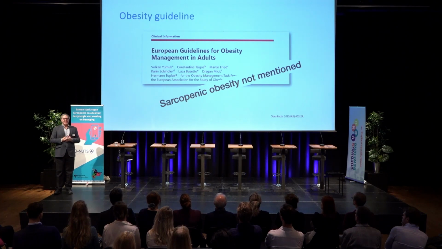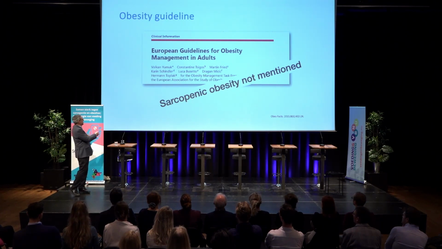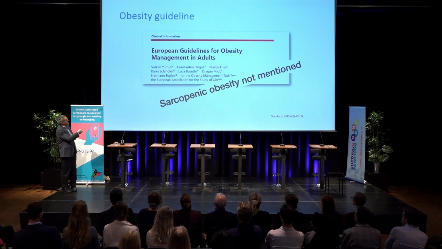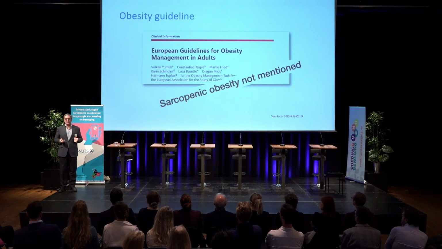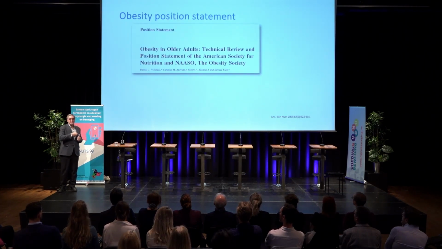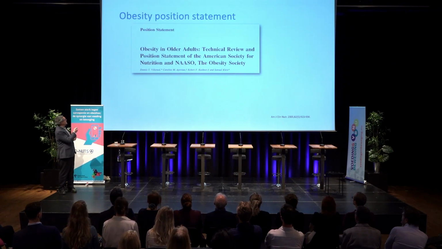So you go to obesity guidelines and say, let's see if the people working in obesity tell me what to do. Well, in this European guideline, which is one of the most recent, sarcopenic obesity is not even mentioned. And this is a nice paper, an obesity position statement by the NASO.